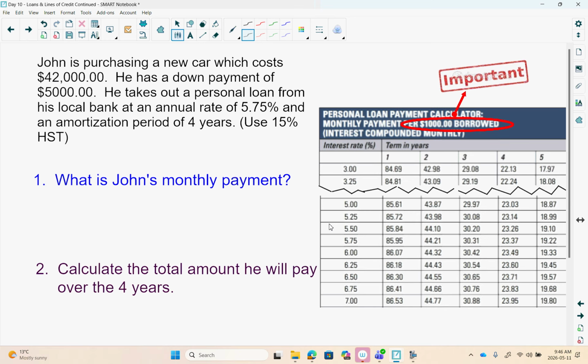All right. Here's the situation. John's purchasing a new car, which costs $42,000. He has a down payment. Okay, so this is a down payment question. And off to the side, I want you to write this little step here. With a down payment question, you figure out the cost with tax.